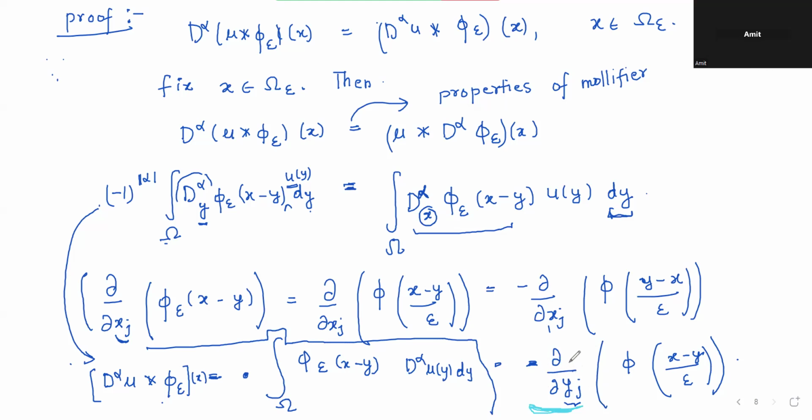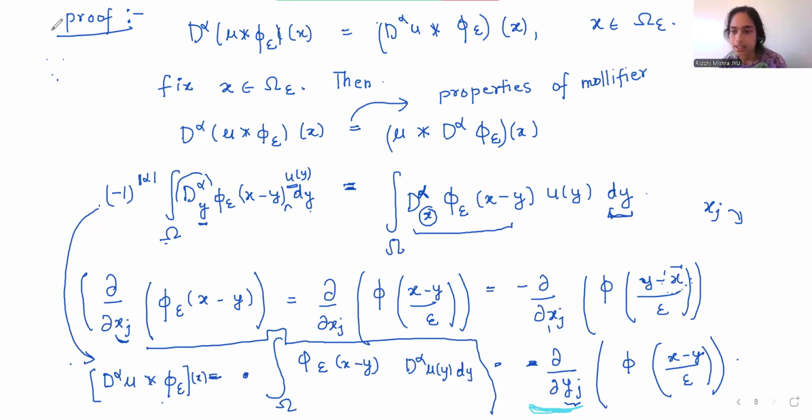How are you doing that here? You can change it because you are transferring y. Sorry, here x_j is here and x is here.